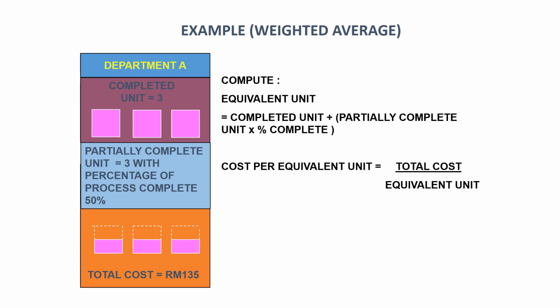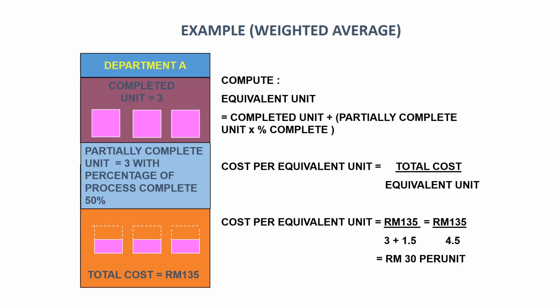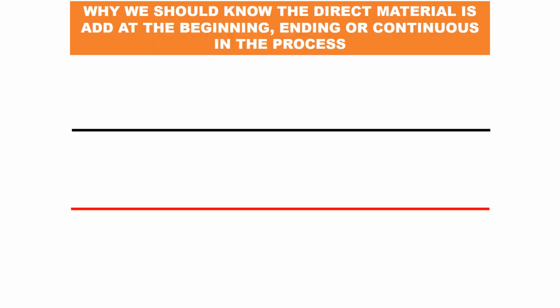Cost per equivalent unit equals total cost divided by the equivalent units, which is RM 135 divided by 4.5 equals RM 30 per unit. Adding the direct materials in the process depends on whether it's in the beginning, in the middle or at the end.